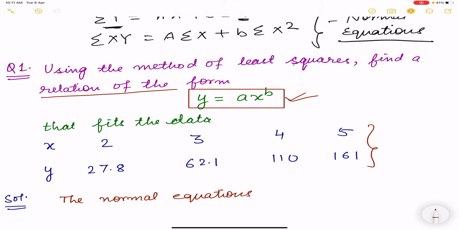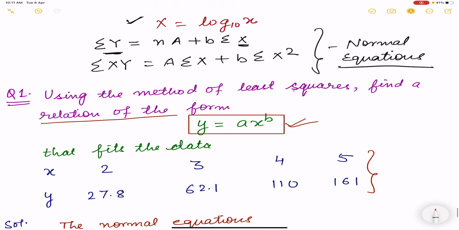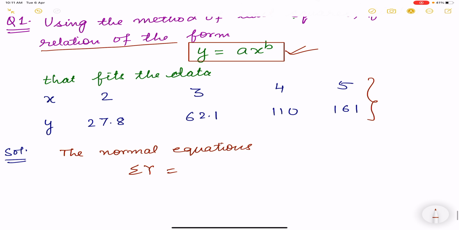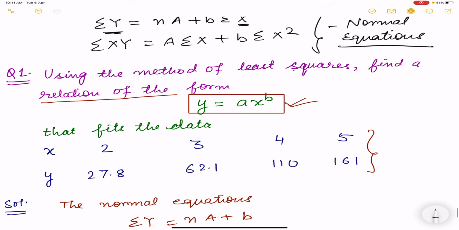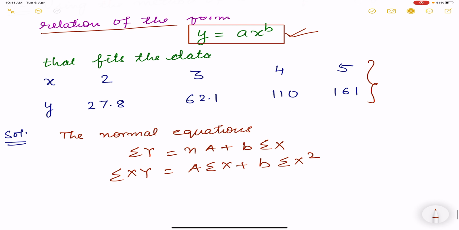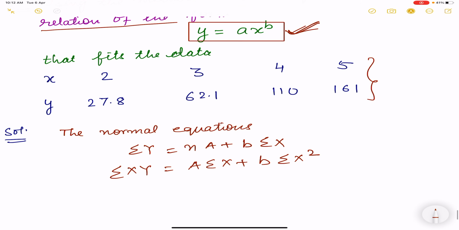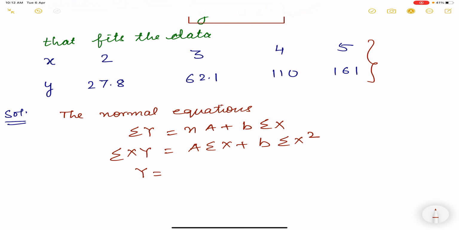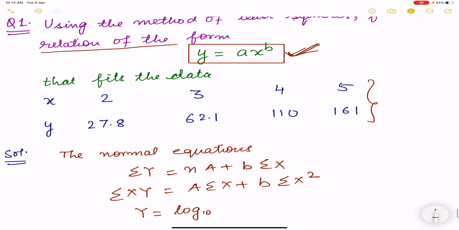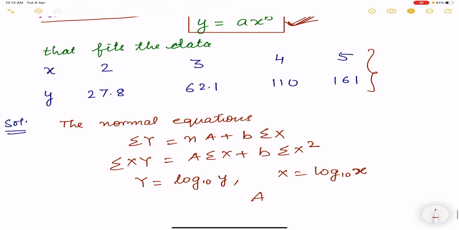We remember that the normal equation which is derived here is sigma capital Y is equal to n capital A plus b, small b, sigma capital X, and sigma capital XY is equal to A sigma capital X plus b, the small b which is in the question, or you can say in this relation, sigma capital X square, where capital Y is equal to log to the base 10 y, capital X is equal to log to the base 10 x, and capital A is equal to log to the base 10 a.